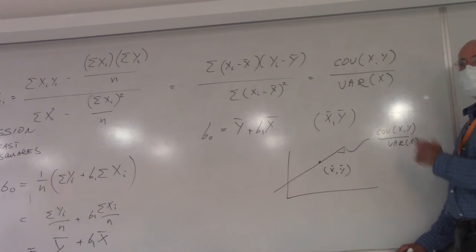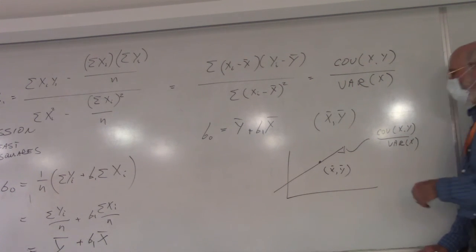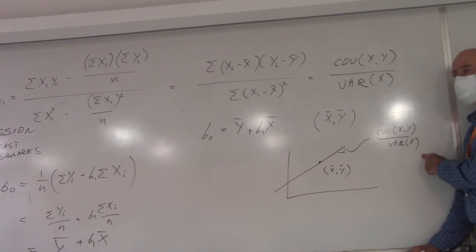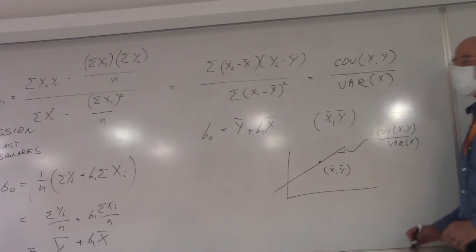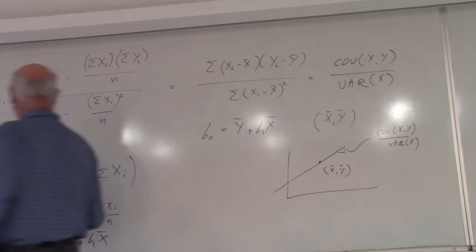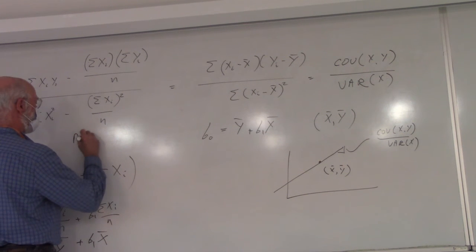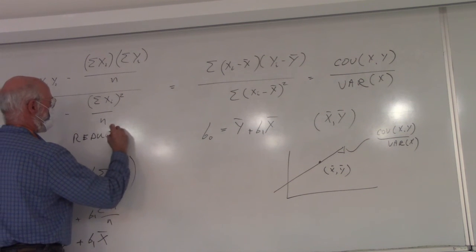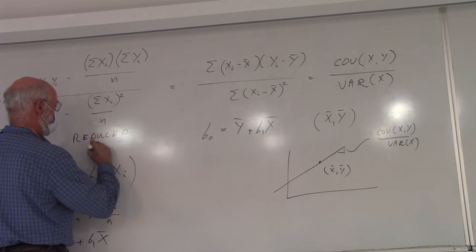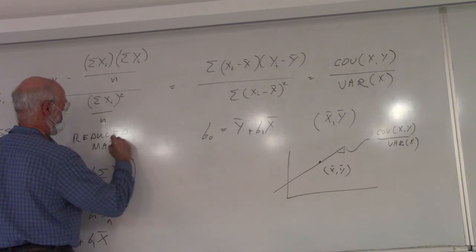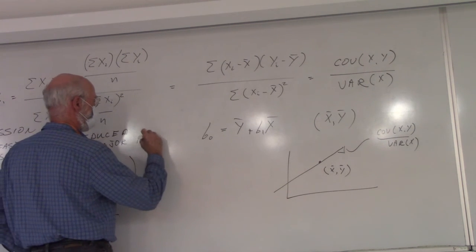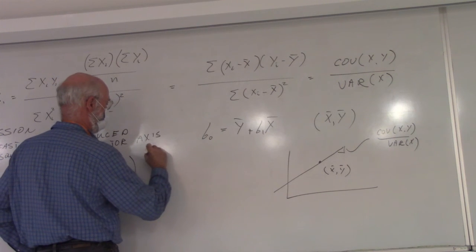How would you do it? Easy. Instead of using the covariance over the variance, you would simply use the variance of y over the variance of x. And when you do that, instead of being called the least squares regression, it's called the reduced major axis regression.